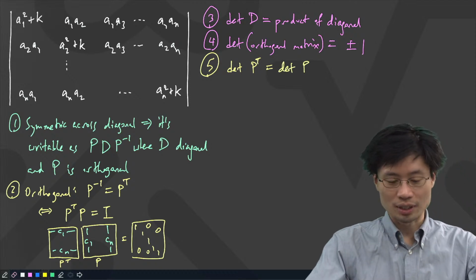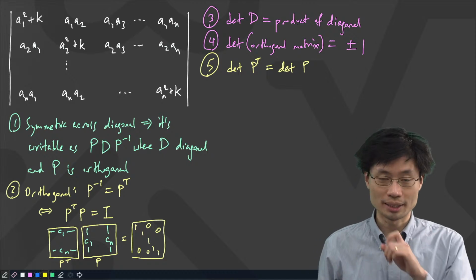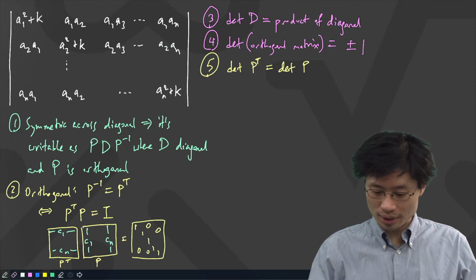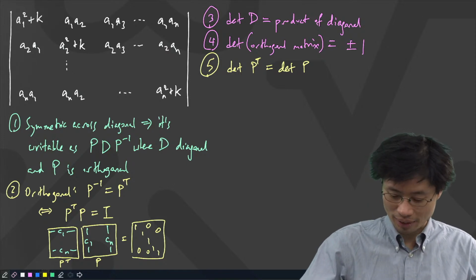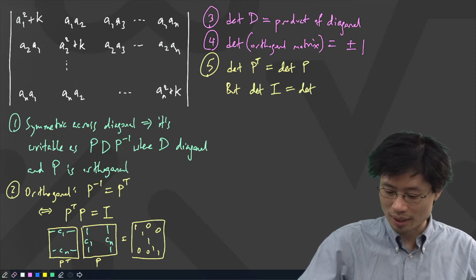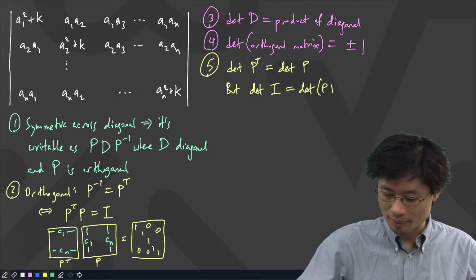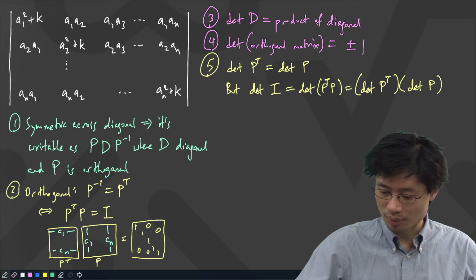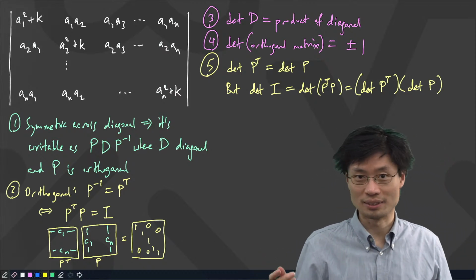So the determinant of the transpose of a matrix happens to be the same as the determinant of the matrix itself. We happen to know that the determinant of the identity matrix is the determinant of P transpose times P. And the determinant also has the property that you can go with products: the determinant of two matrices multiplied together is the product of the determinants.